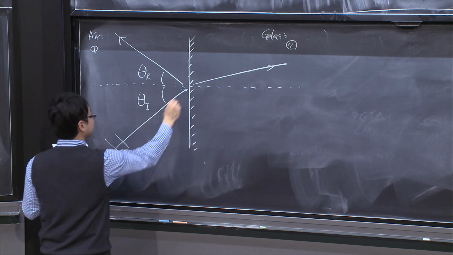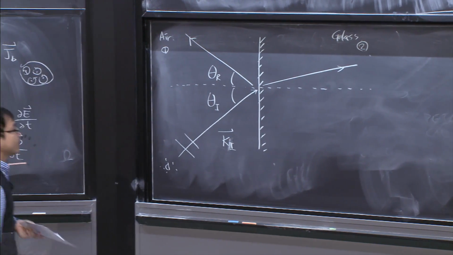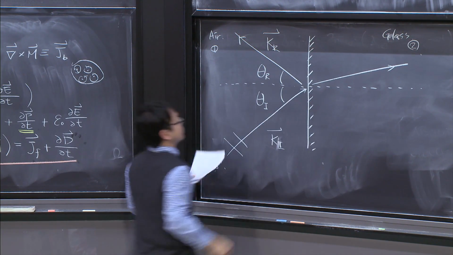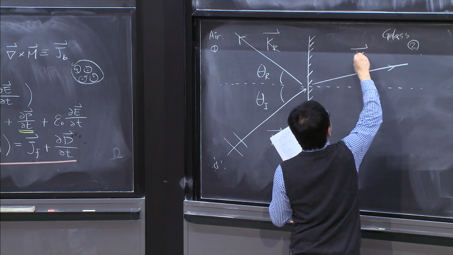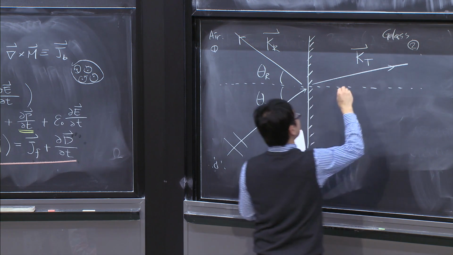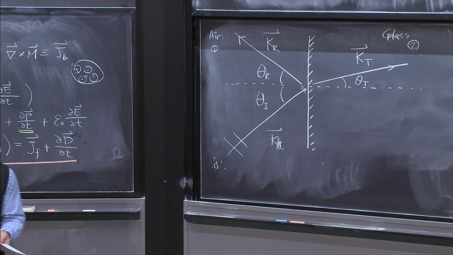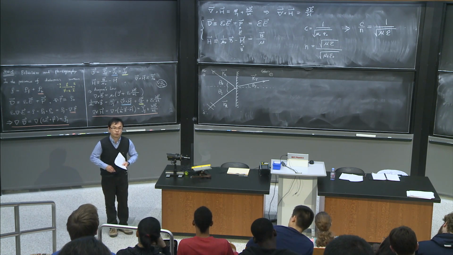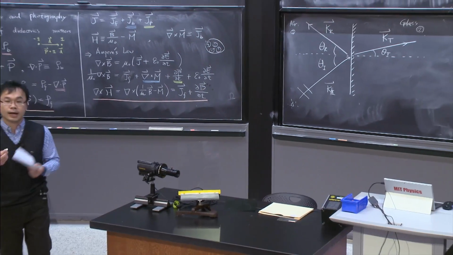And we also know that k_i, the wave number vector of the incident wave, k_r, the k vector of the reflected wave, and the k vector for the transmitted wave, k_t, and this is theta_t, these three k vectors must have a fixed relation so that the sum of these three waves in the left-hand side world and the right-hand side world are connected to each other.